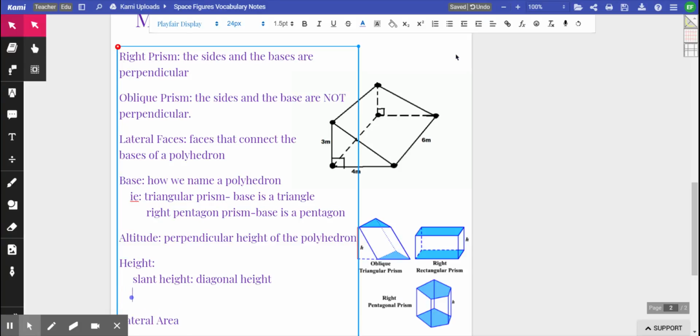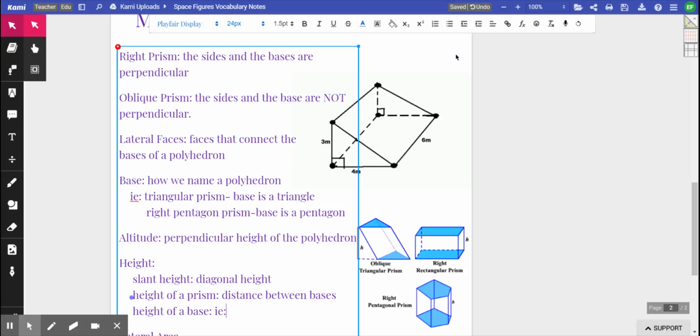Versus we have height of a prism, which is the distance between the bases. And then we have height of a base, which depends on your shape. The example was 3 or 4 from the triangular prism up above. So it's just height like you are used to finding.